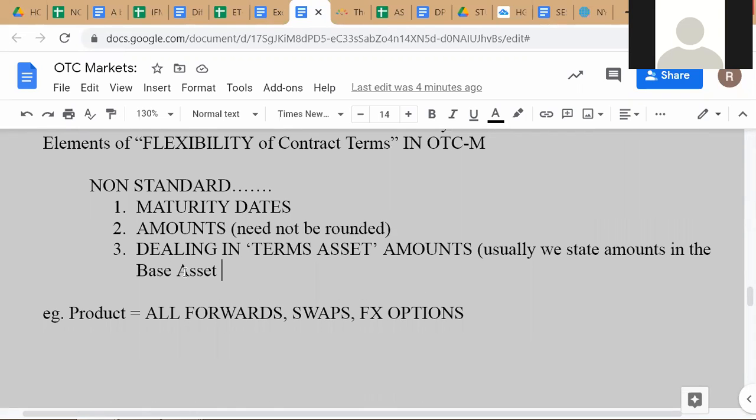So in this case, you will say dollar Swiss in 3.268 million CHF. That's the code for Swiss franc.